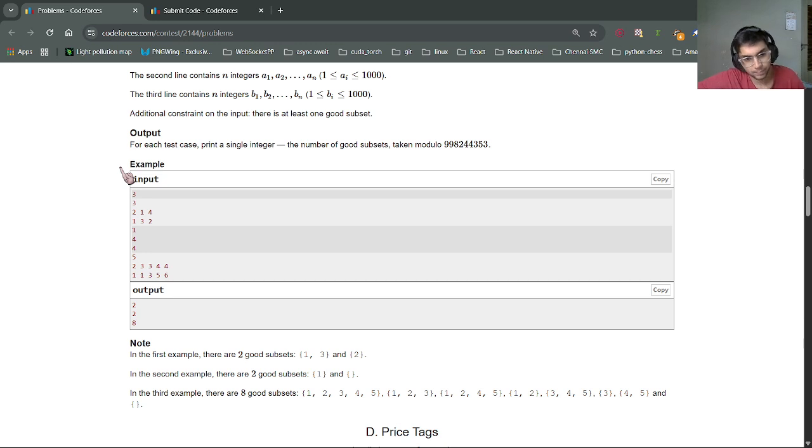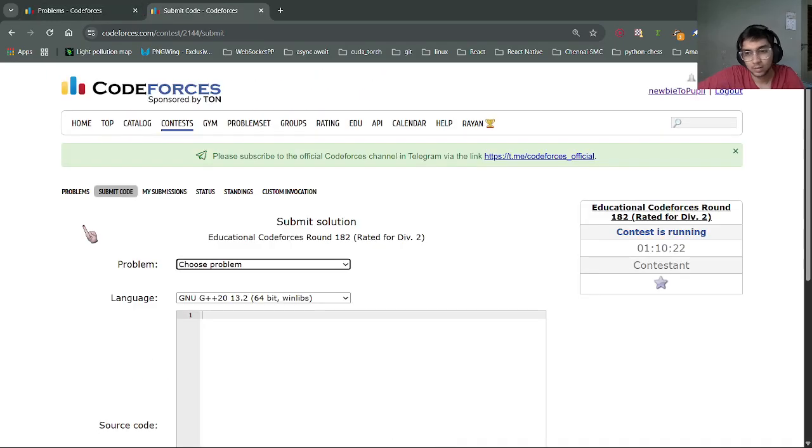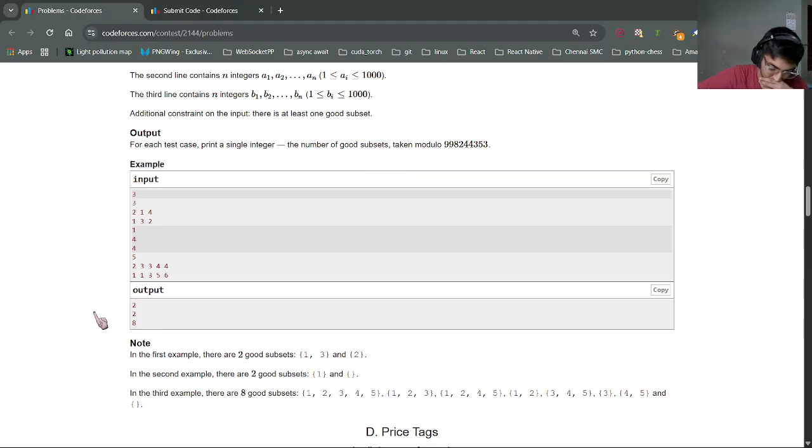So, yeah, I don't know how to do this. I have probably an idea, but so null set will only be valid if both the arrays are already sorted.